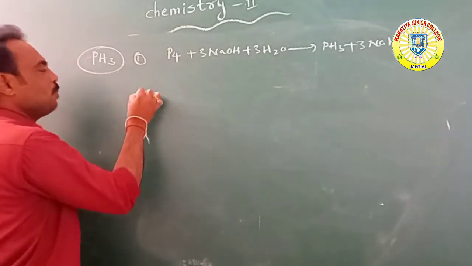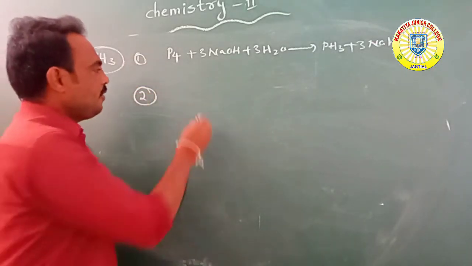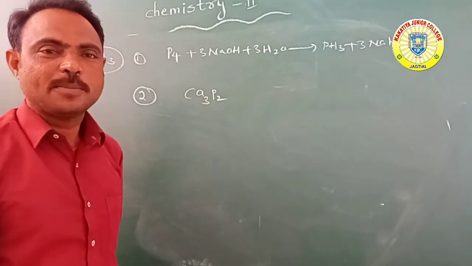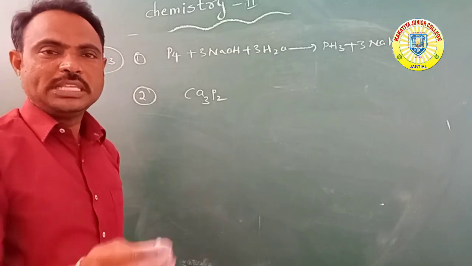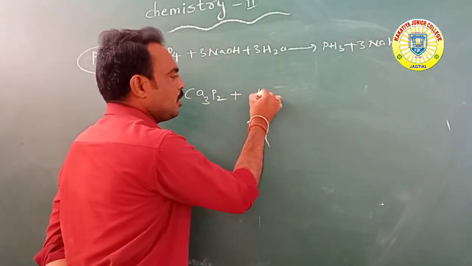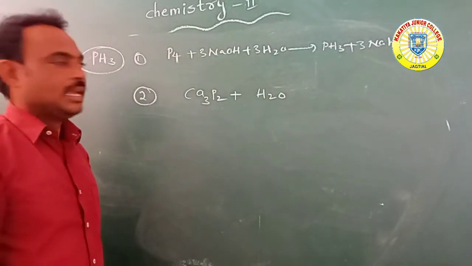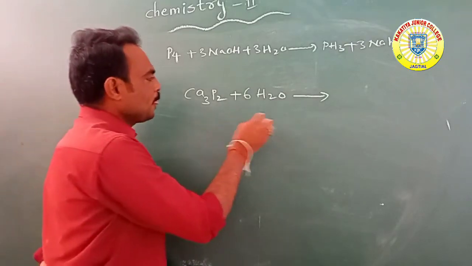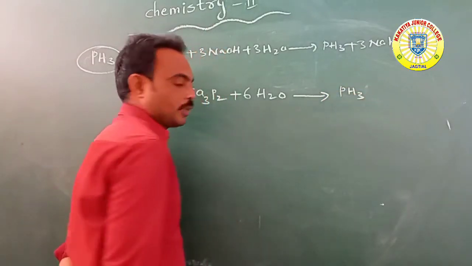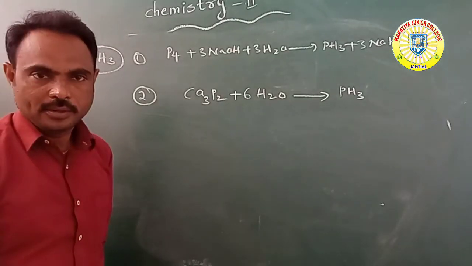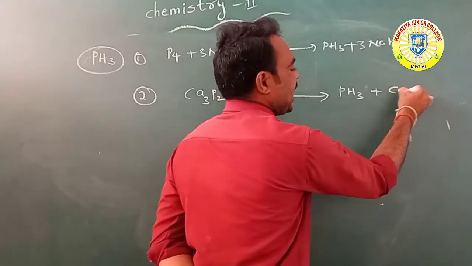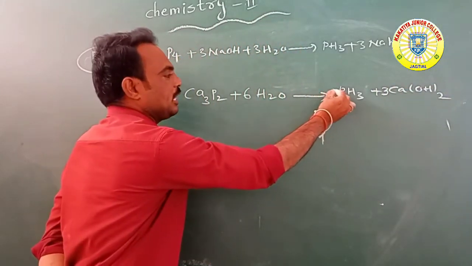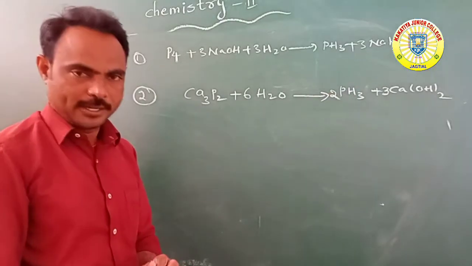Next, the second preparation: when we take Ca3P2. Ca3P2 means calcium phosphide. This calcium phosphide reacts with water molecules to form PH3, phosphine, and Ca(OH)2, calcium hydroxide.